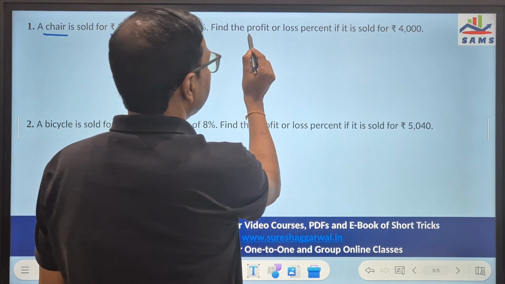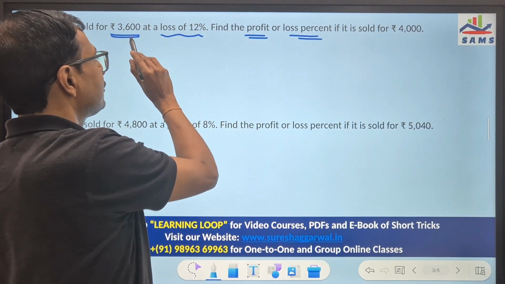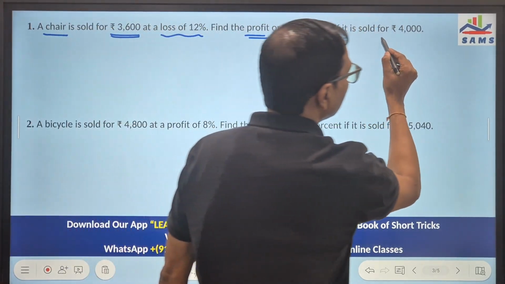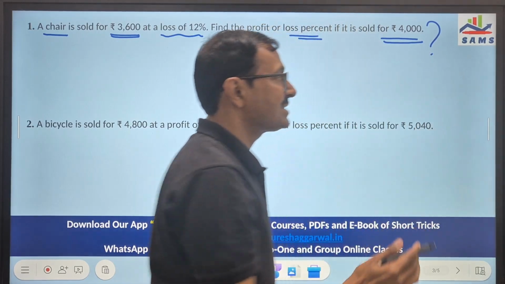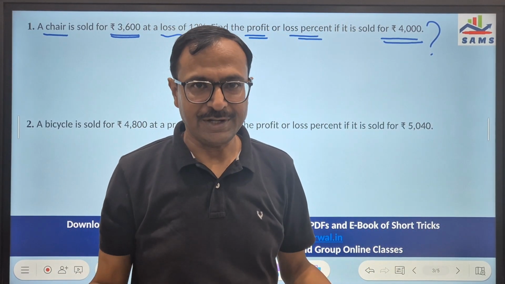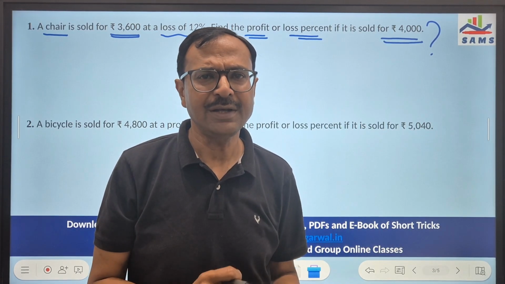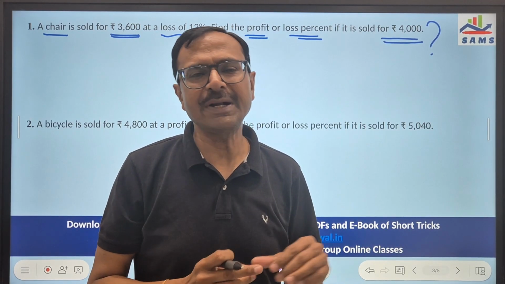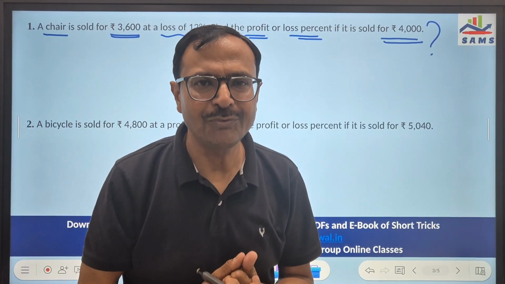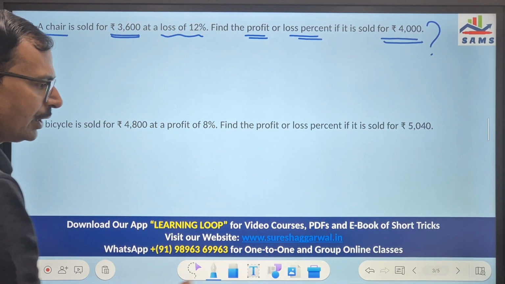Now we need to find the profit or loss percent if the selling price is changed from 3600 to 4000. Now it might still give a loss, so we don't know whether it is loss or profit. So what are we going to do here, and what is the easiest way of doing it? This is more like traditional, but yeah, skipping some steps will definitely help in saving time. So I'll tell you what to do.